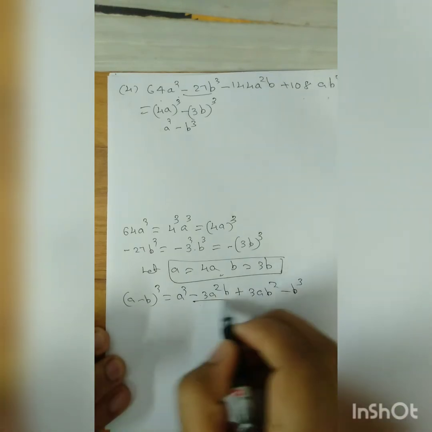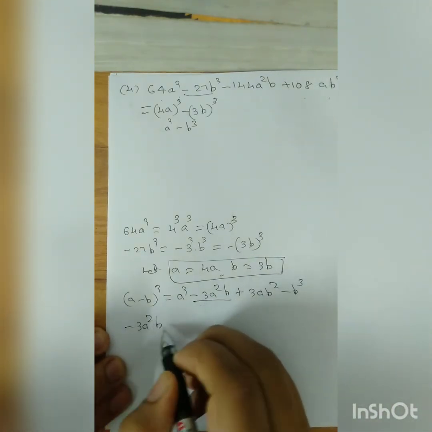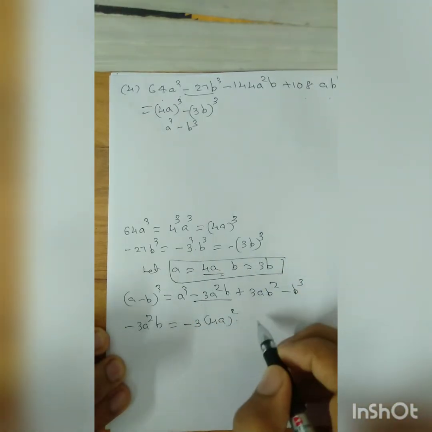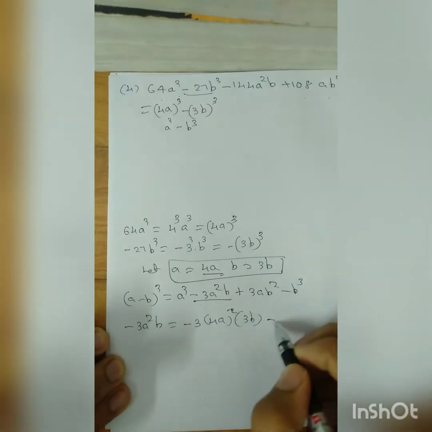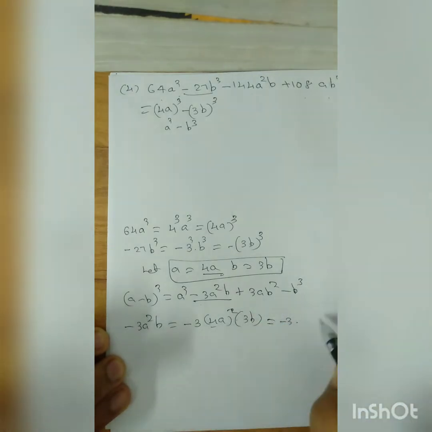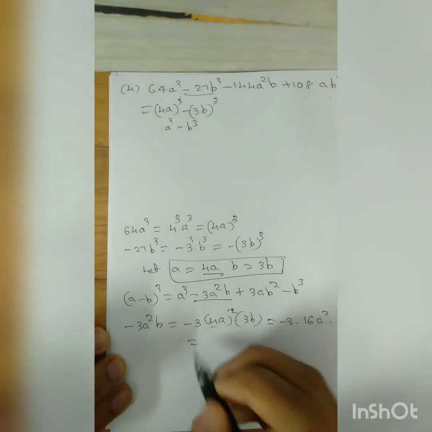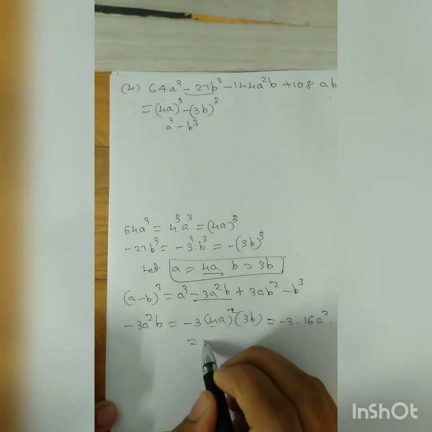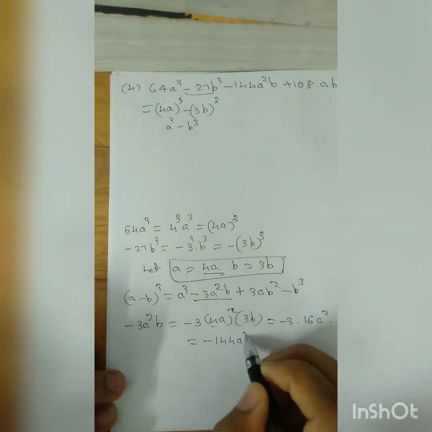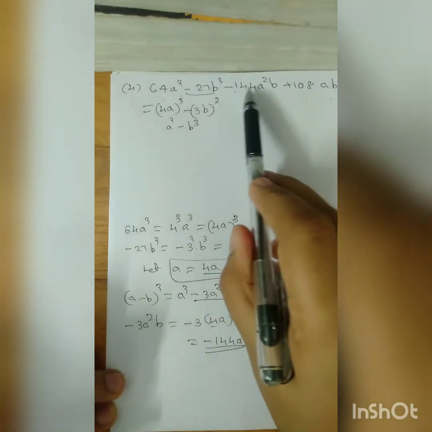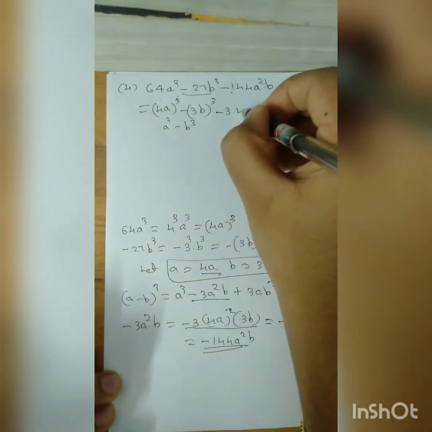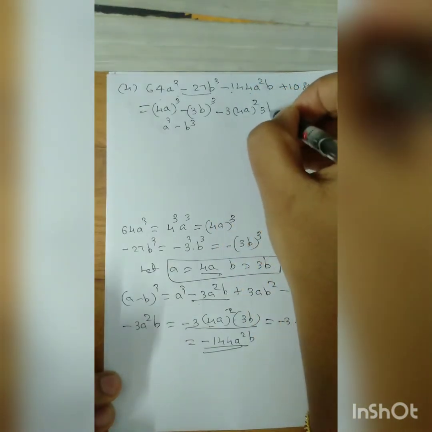Then consider the next term minus 3a squared b, which is equal to minus 3 into 4a the whole squared into 3b, which is equal to minus 3 into 4 squared into a squared, that is 16a squared into 3b, which is equal to minus 144a squared b. So this term minus 144a squared b can be written as minus 3 into 4a squared into 3b.